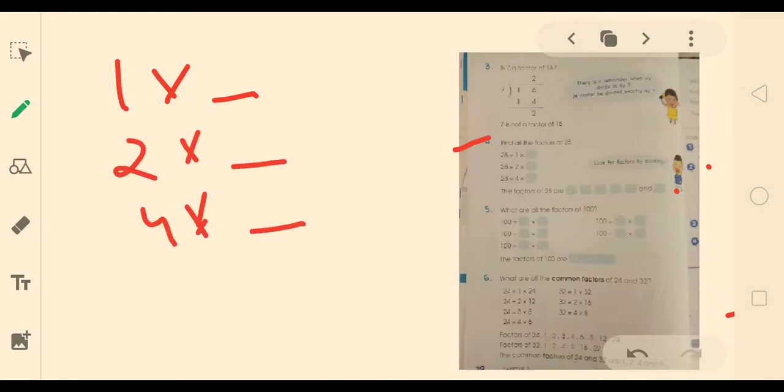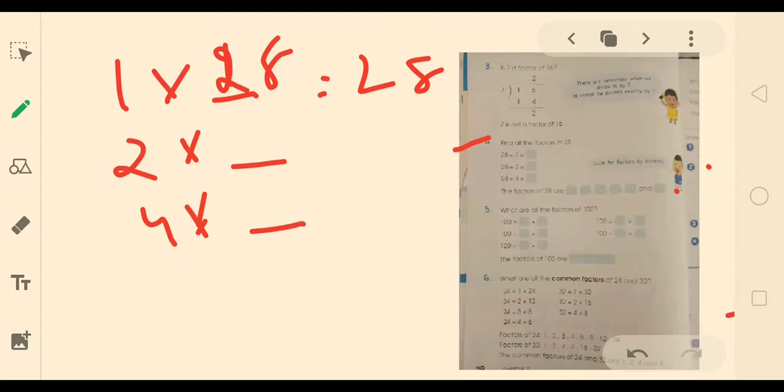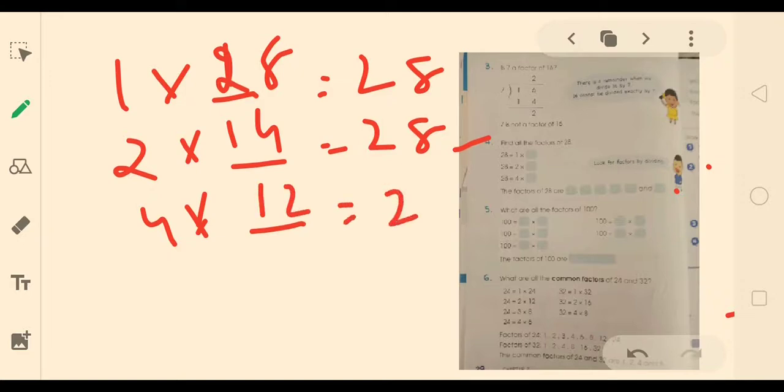Okay, now 1 multiplied by 28 is equal to 28. 2 multiplied by 14 is equal to 28. Sorry, 4 multiplied by 7 is equal to 28.